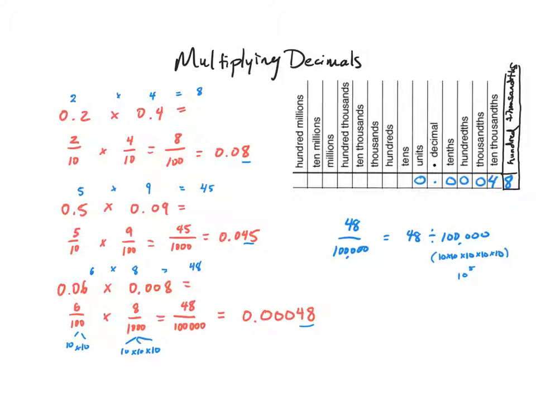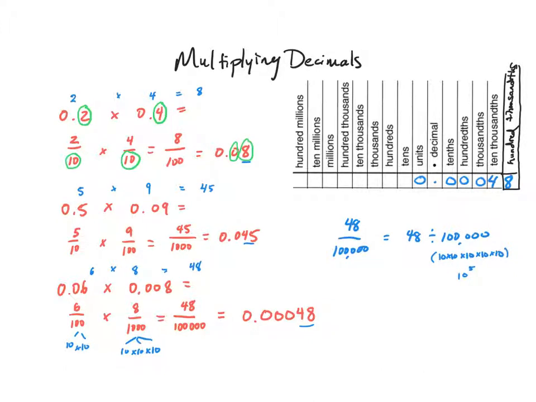Now if we go back and look at each of these examples, we'll discover that there is actually a shortcut that we can use here. In each of my problems, if I just look at how many digits or place values there are after the decimal, that will tell me how many place values I need to move my answer over if I ignore the decimal. Because I had 1 tenth and 1 tenth, that tells me I needed to move it over 1, 2 tens.